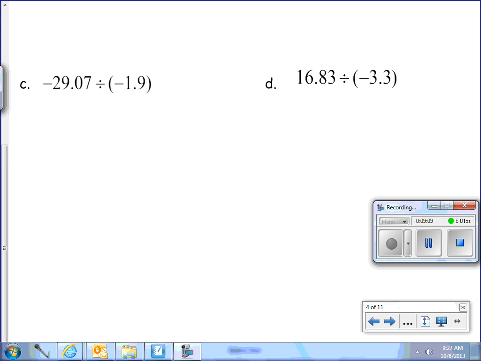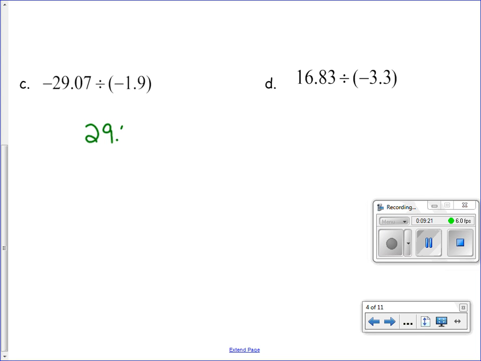Now we're going to use the same rules with negatives and positives. Is our answer going to be a positive or a negative, class? Positive. So go ahead and set this up and divide. Multiply that by 10. Multiply that by 10. Bring my decimal up.